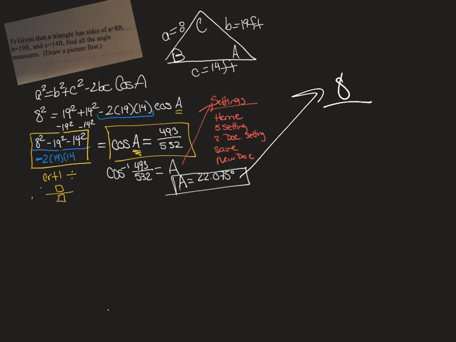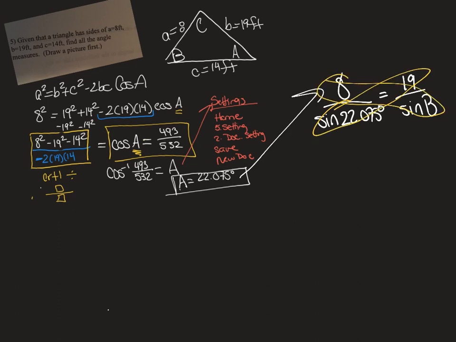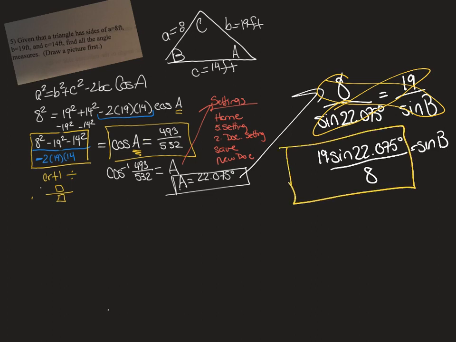So I'm going to have 8 over sine of angle A, 22.075 degrees, is going to equal side, let's do B, 19 over sine B. So using what we learned yesterday, I'm going to cross multiply, and I'm going to get that 19 sine of 22.075 degrees over 8 should equal sine of B. So what I'm boxing in yellow right now, I'm going to go ahead and type that in my calculator.